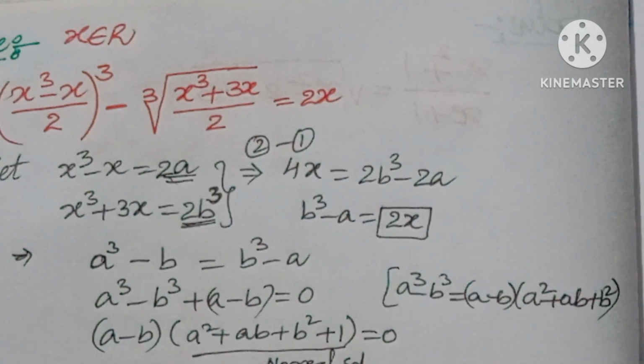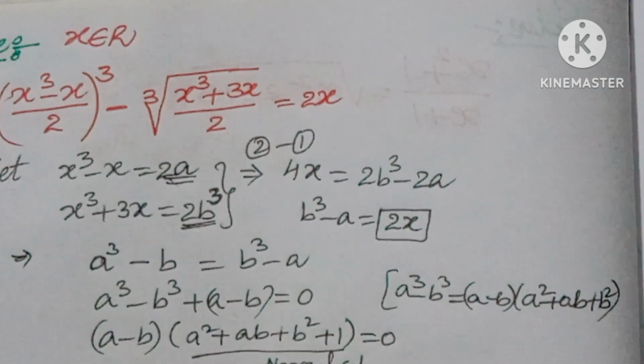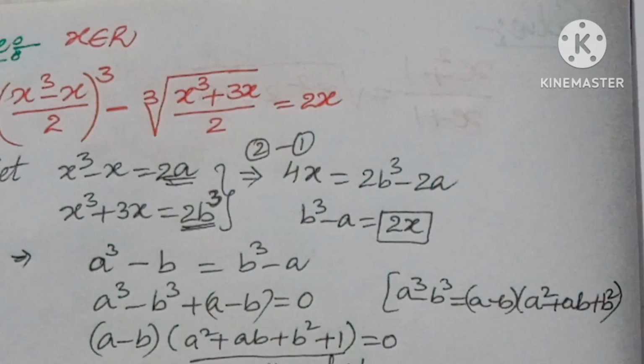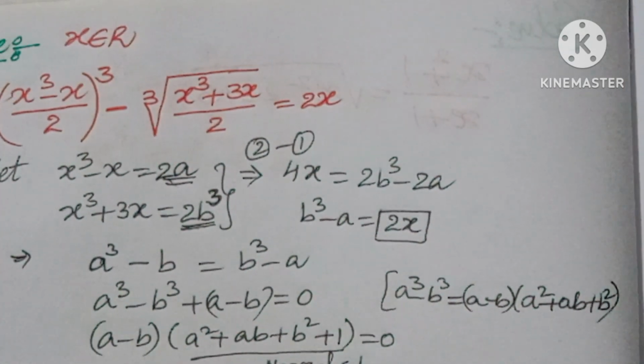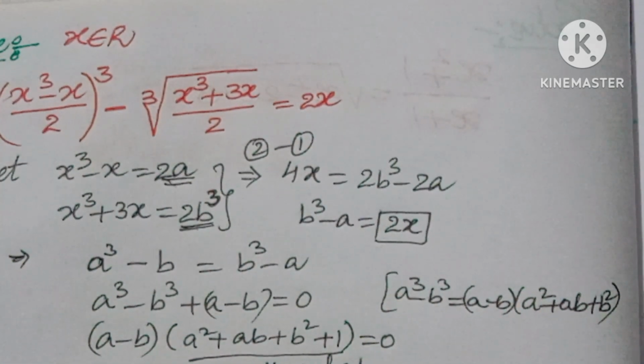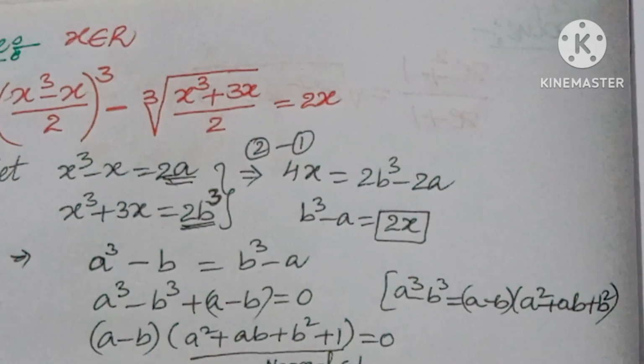Now you are taking a is equal to b. So what is the a value? a is (x cubed minus x) by 2, and the b value is the cube root of (x cubed plus 3x) by 2.